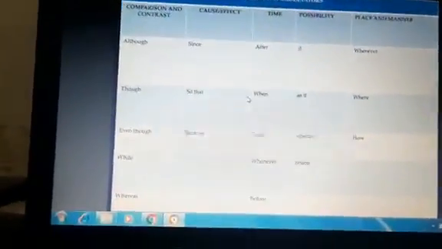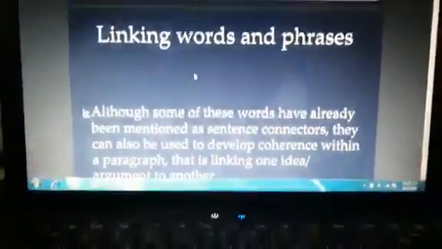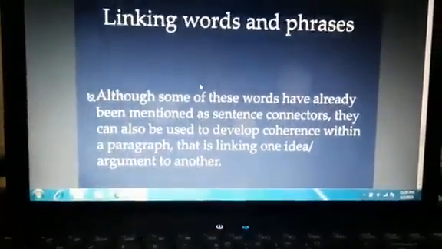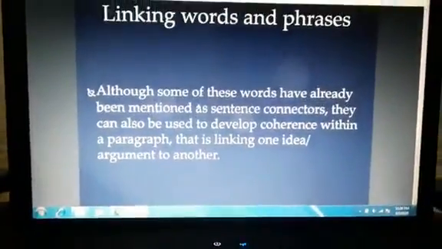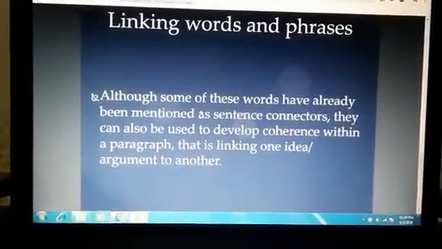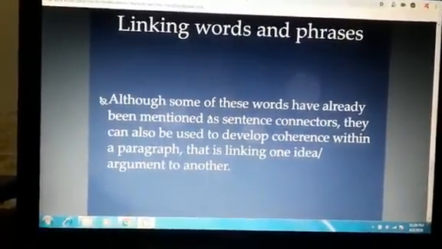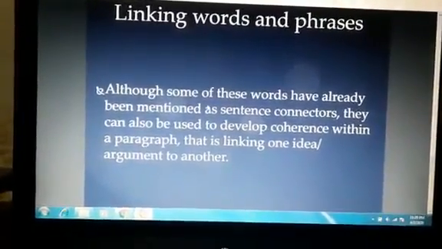So these are the common subordinators which are used. Now let's see linking words and phrases. Although some of these words have already been mentioned as sentence connectors, they can also be used to develop coherence within a paragraph, that is, linking one idea or argument to another idea or argument.